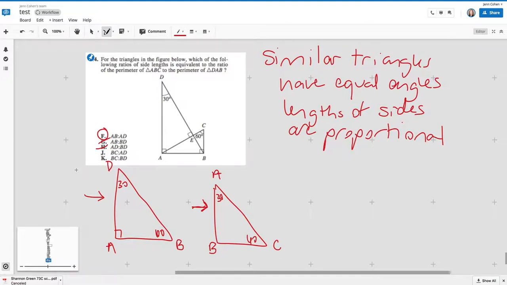BC and AD would be this side compared to this one, which doesn't work. And BC to BD would be this side to the hypotenuse, which again does not work. So our answer is F.